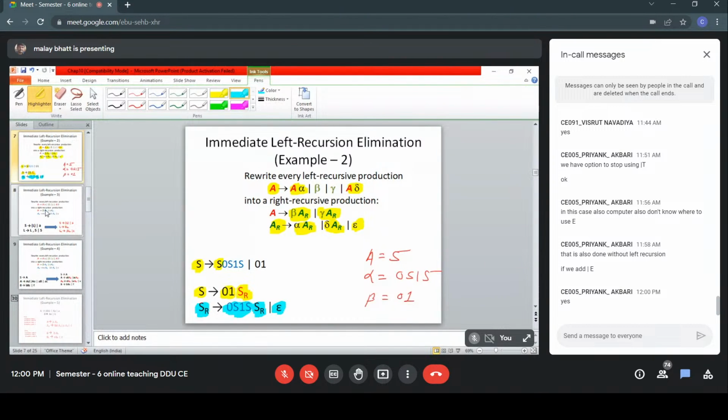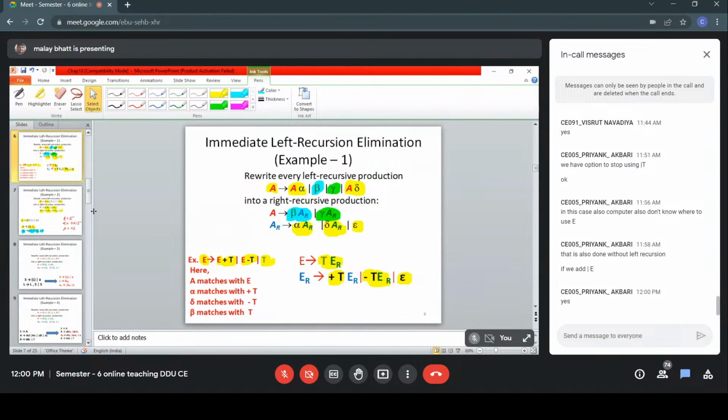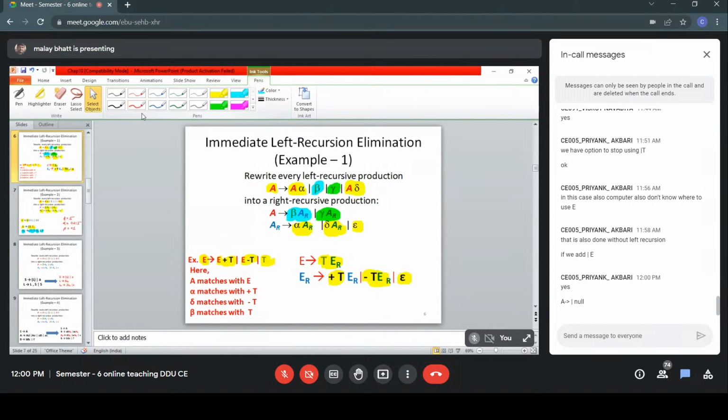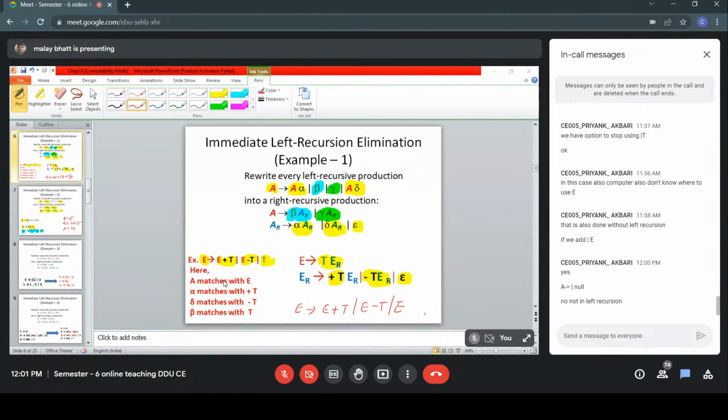If you write something like this, I think this is what you want to do. E gives E plus T or E minus T, or I think E. This is what you are telling, right? This is what you want to do.